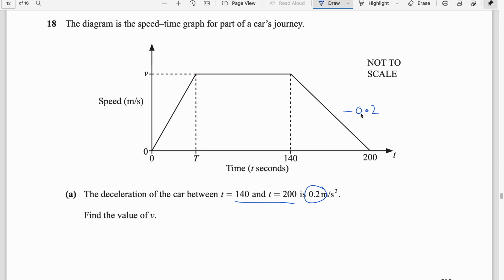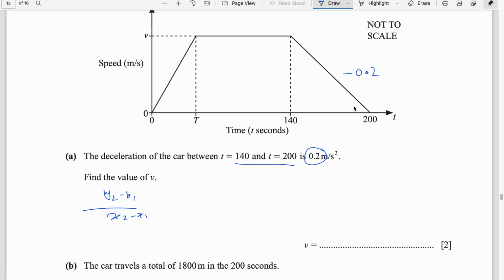So gradient is y2 minus y1 over x2 minus x1. So this is x 200 and y 0. This is x 140 and the value of y is v.